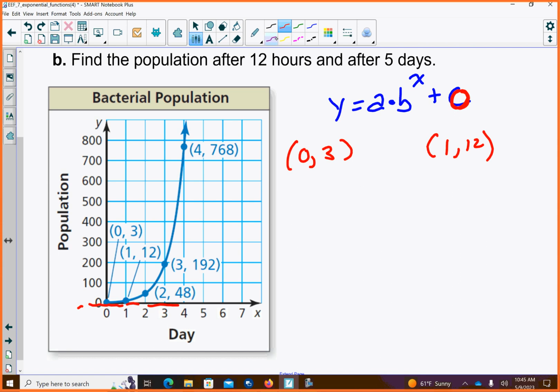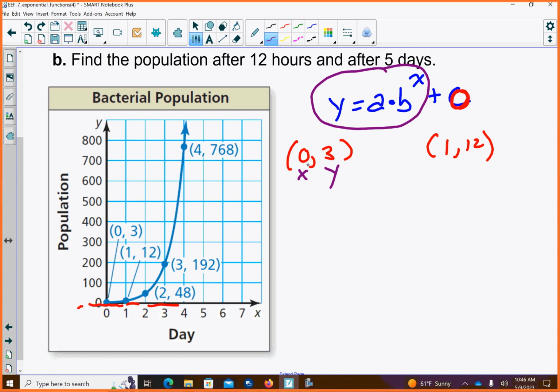Because this is plus 0, this is the only portion of the equation I'm going to deal with. This is going to be some critical thinking. First off, is that an X and a Y value? Did I put that the correct way? Everyone feel comfortable with that? Friends, in the circled equation, y equals a times b raised to the x, is there an x and a y?